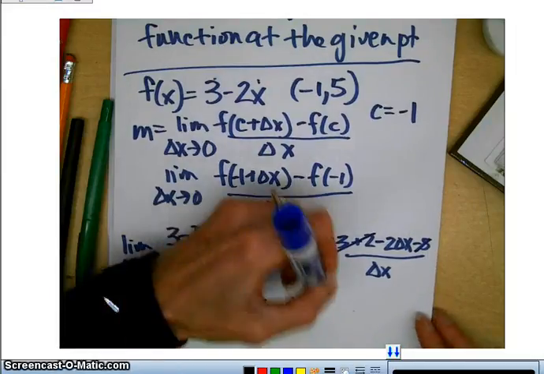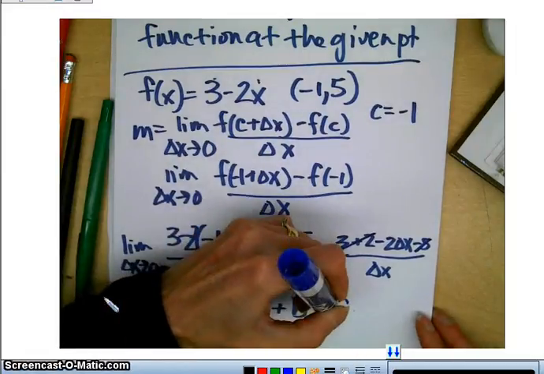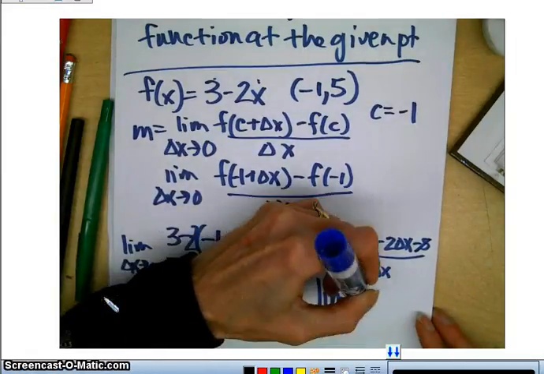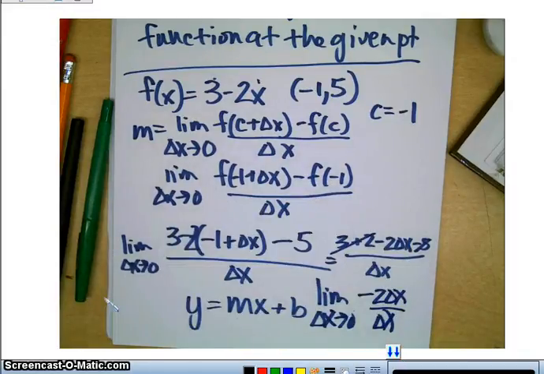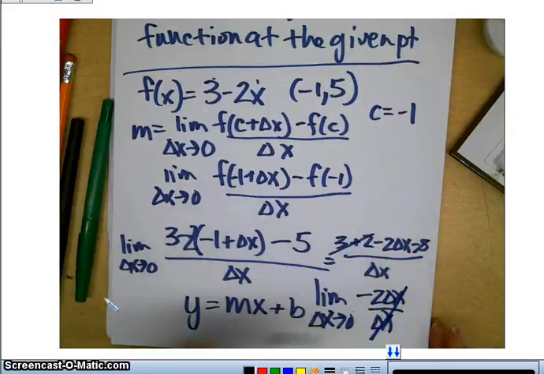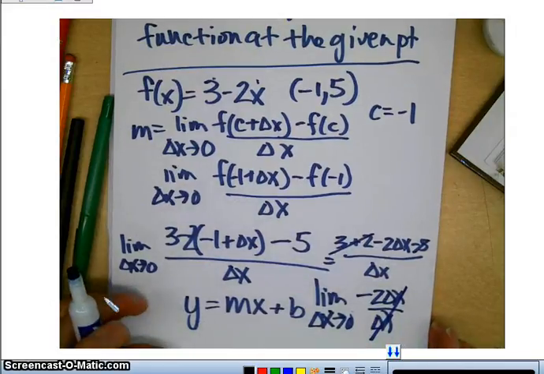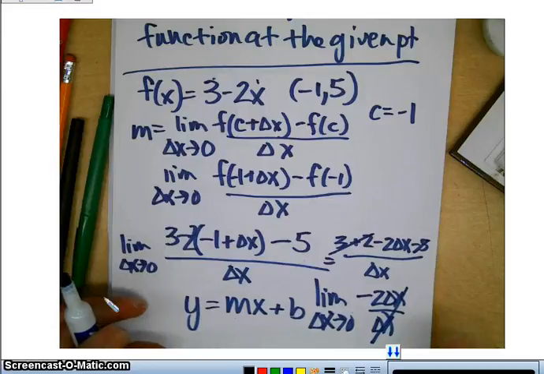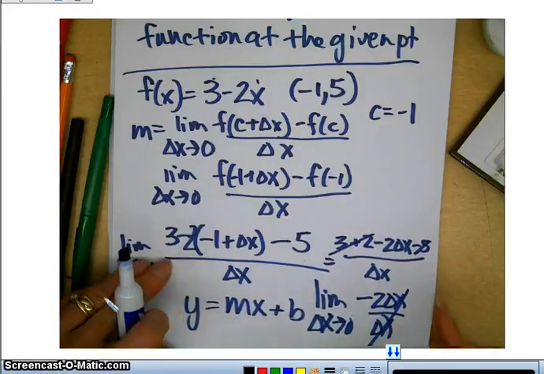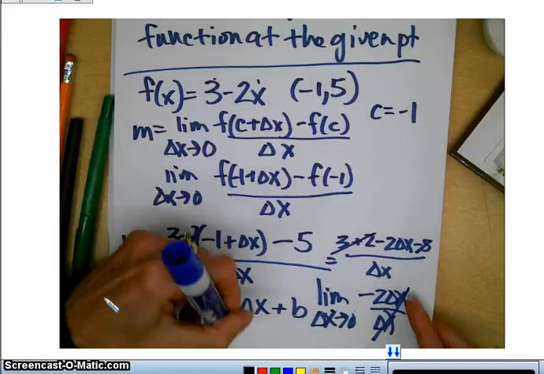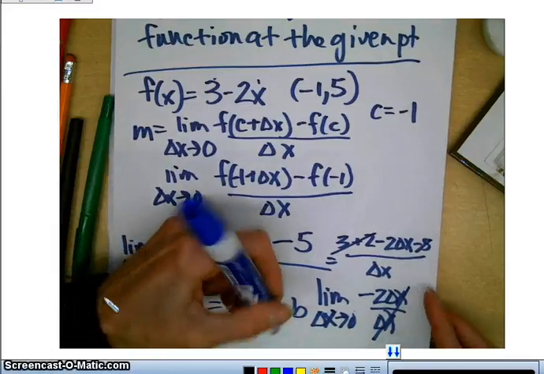So I have the limit as delta x goes to 0 of negative 2 delta x over delta x. What happens to the delta x's? And what's the limit as delta x goes to 0 of negative 2? It's negative 2. So what is the slope of this tangent line? M equals negative 2.